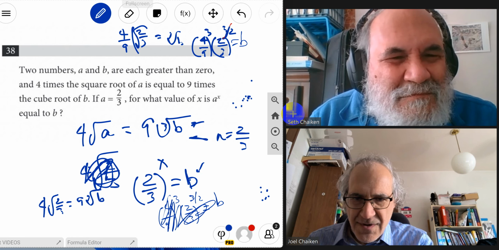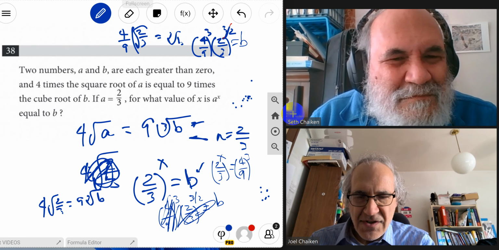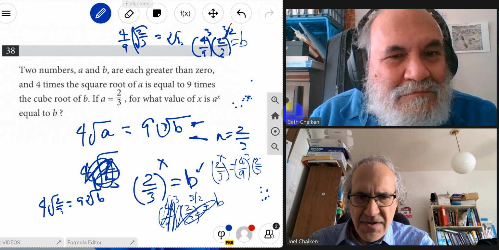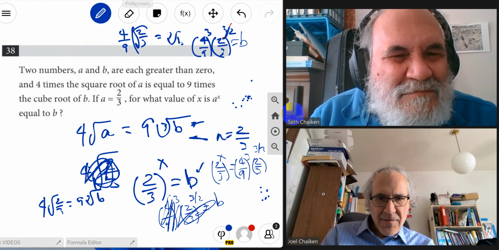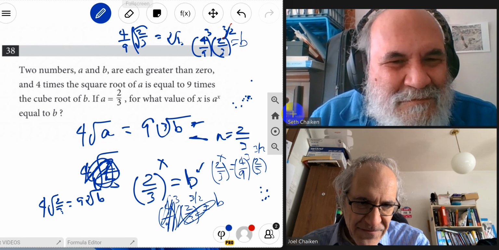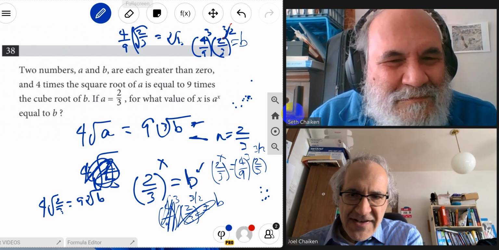What am I doing? This is 2/3 to the X power is equal to B. B is equal to 4/9 cubed times 2/3 to the 3/2 power. Now, what I'm going to do is take that 4 and 9 and turn them into 2's and 3's. I wish I could erase, but I can't.